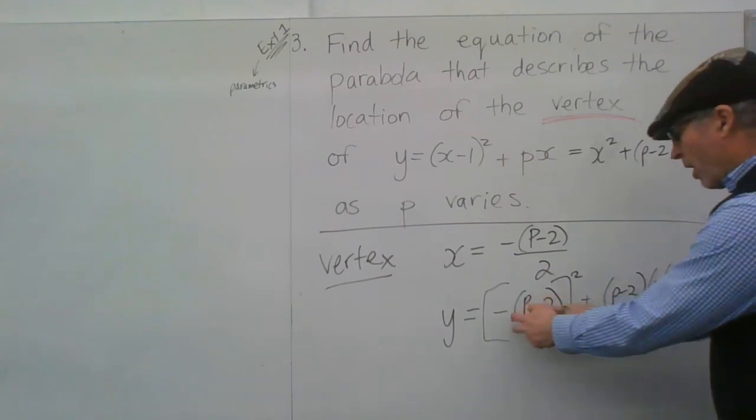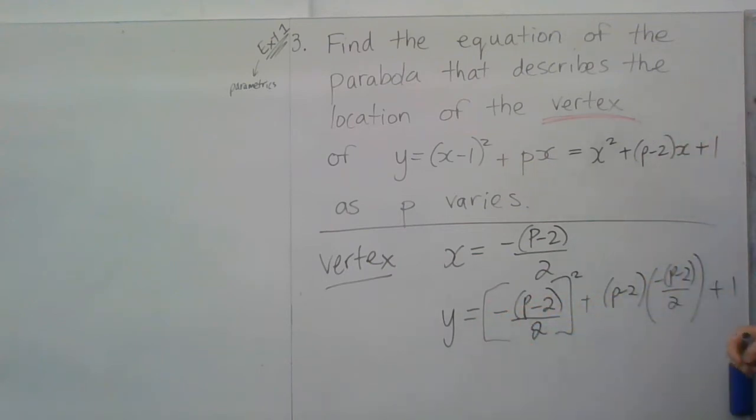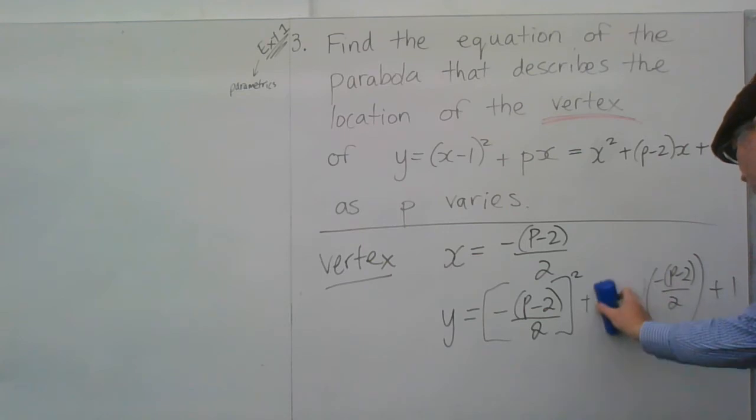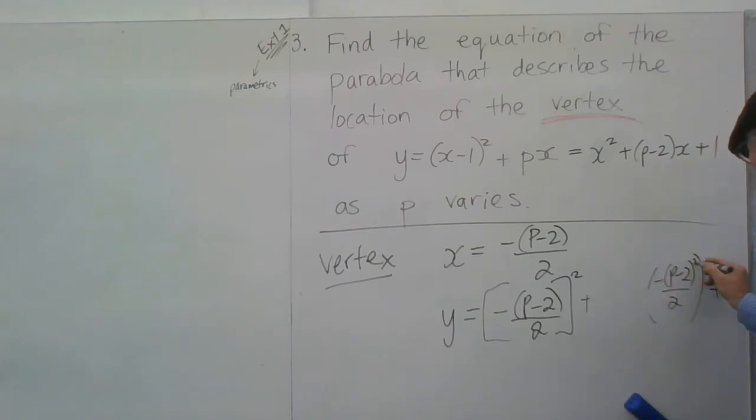So that's the y value of the vertex. That's the x value of the vertex, that's the y value. We can tidy this up. Instead of (p minus 2) times minus (p minus 2) on 2, that can be just minus of (p minus 2) squared on 2.